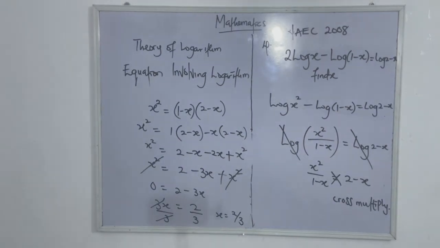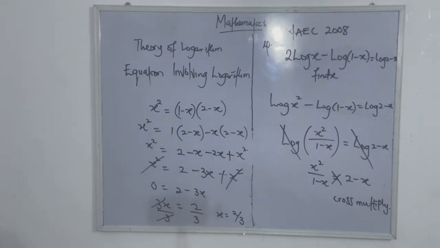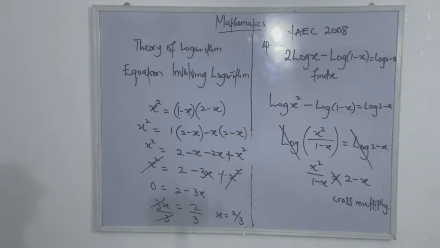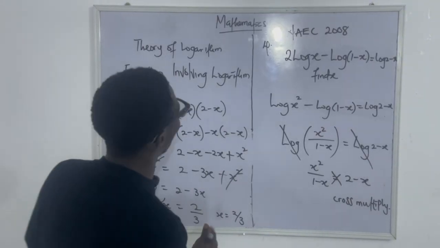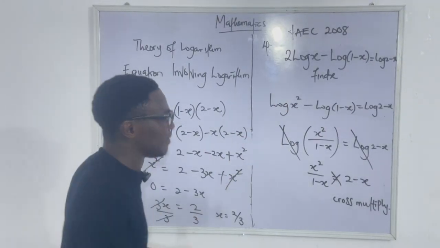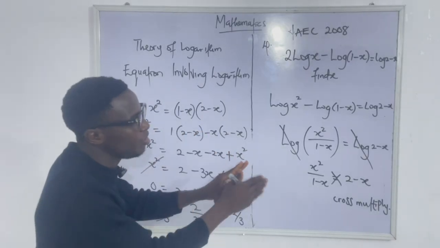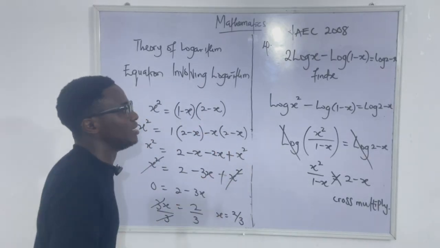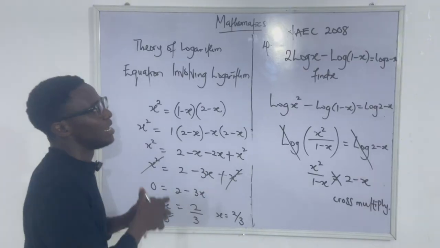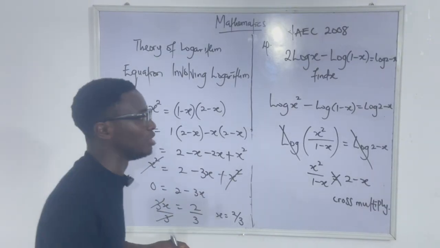That's our final answer. We can see that all these questions, it's not as though they are very hard, but then you just need to understand them and solve them carefully. You need to understand them and solve them carefully.